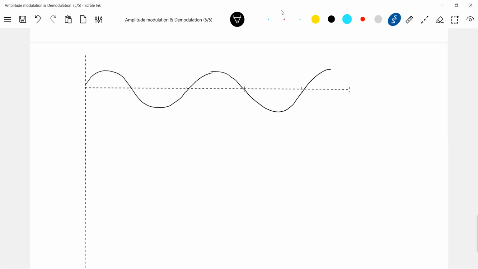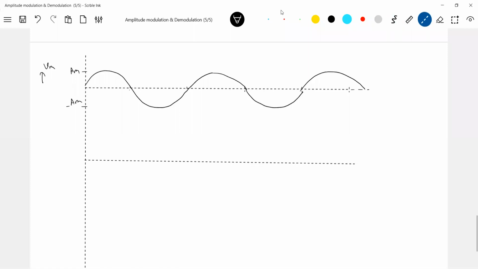The same thing graphically: I'm showing the mathematical operation, what all we did, just graphically. Okay, there's a modulating signal and there's an amplitude AM, minus AM. Next we have the high frequency carrier wave.